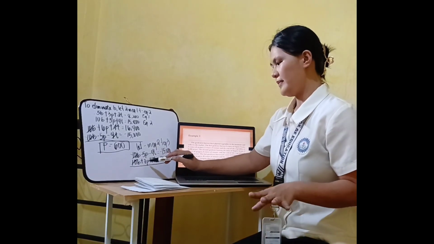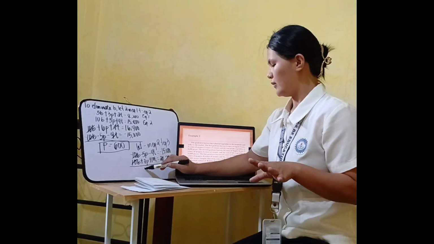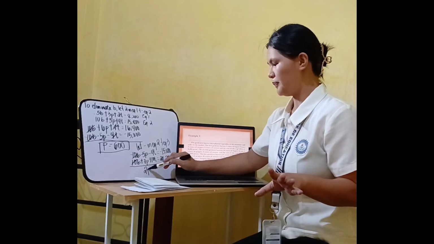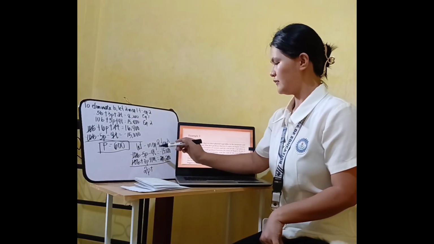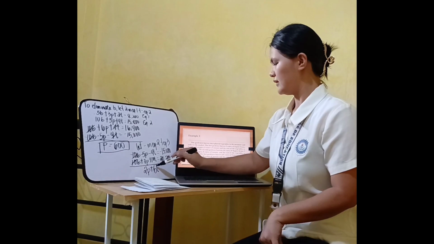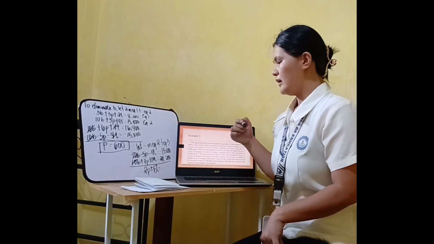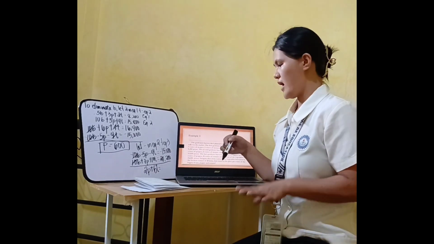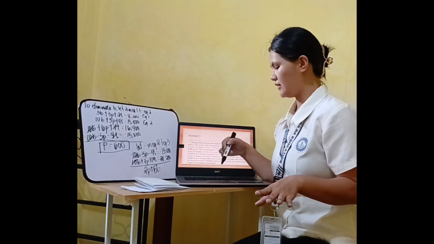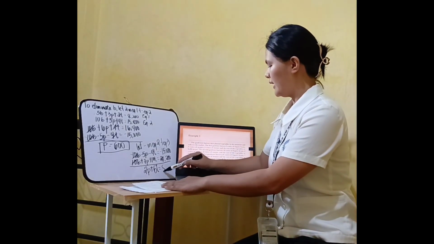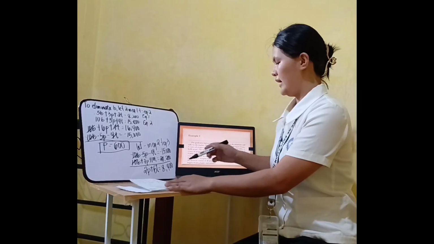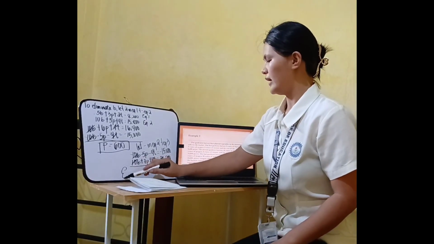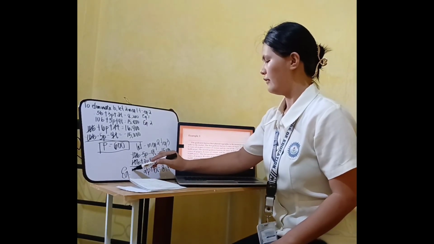So negative 5P plus 7P is equal to 2P, plus 10T minus 4T is equal to 6T, and 24,200 minus 15,800 is equal to 8,400. So this is our equation 5.